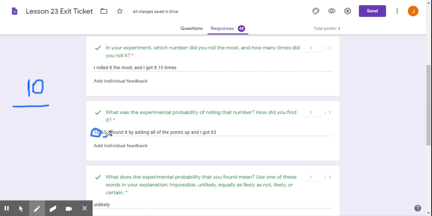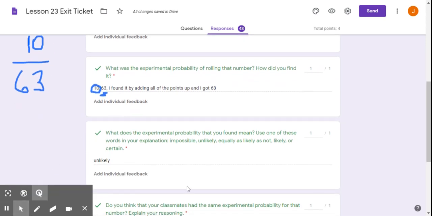The denominator is the total number of times. He rolled his dice 63 times in total. So 10 out of the 63 times, he rolled an 8. The experimental probability of rolling an 8 is 10 out of 63.